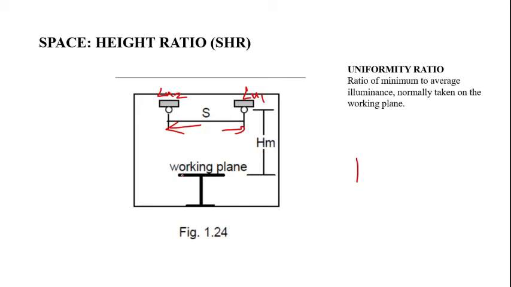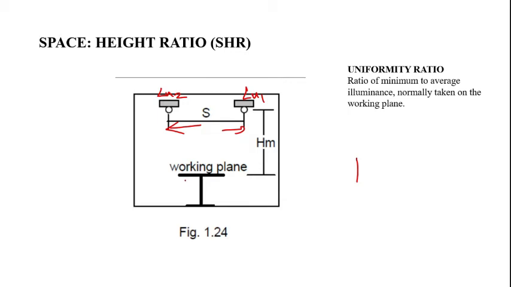If you calculate the illumination on all these points, the illumination will vary from point to point. At some points the illumination level will be very low, that means minimum, and at some points of the working plane the illumination level will be maximum.